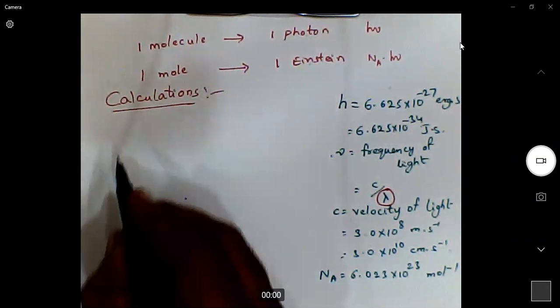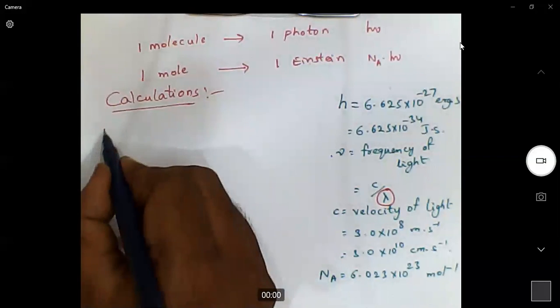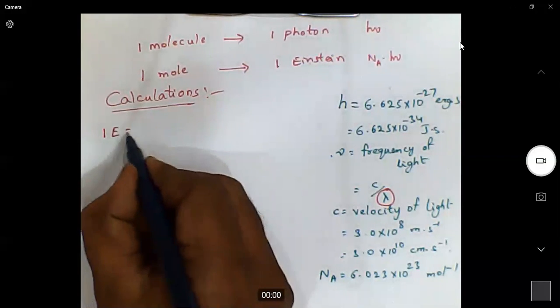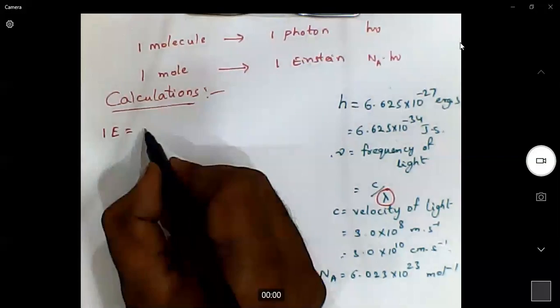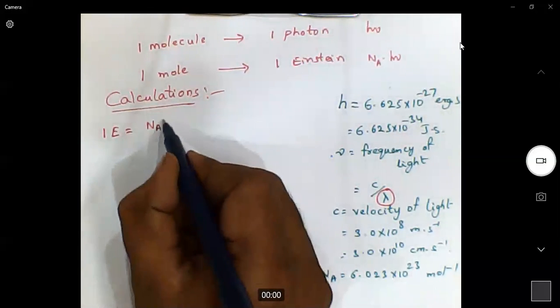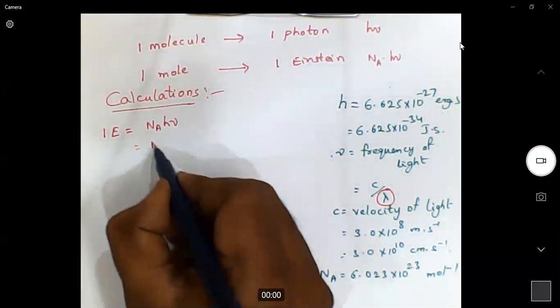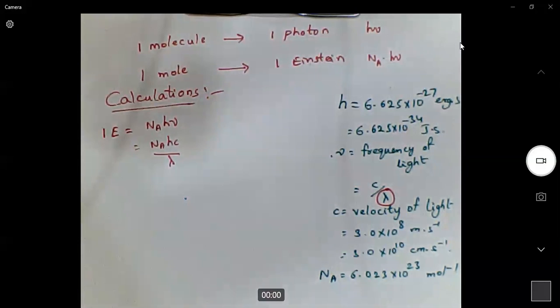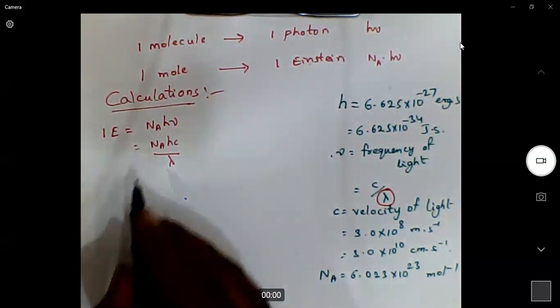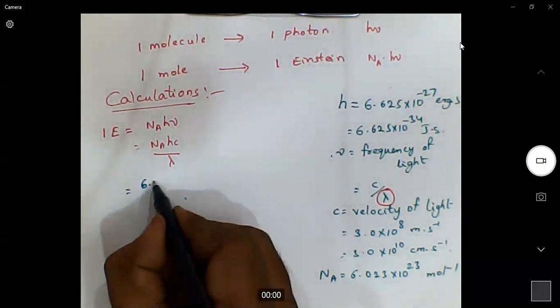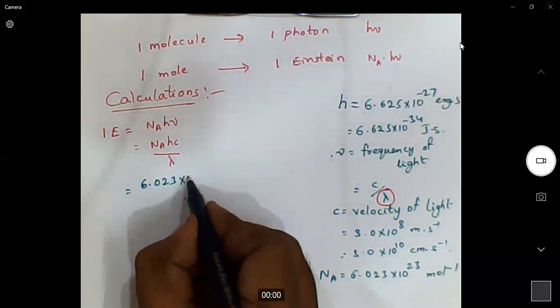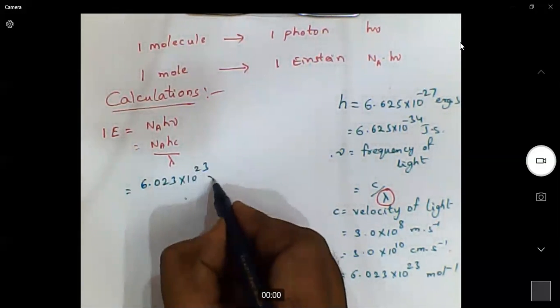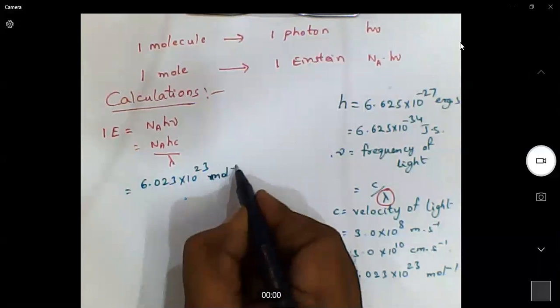Now we will solve for Einstein. One Einstein is nothing but Na h nu, or Na hc by lambda. What is Na? 6.023 into 10 power 23 per mole.